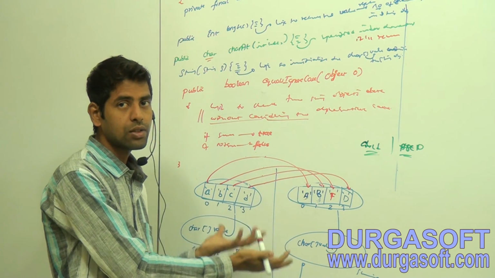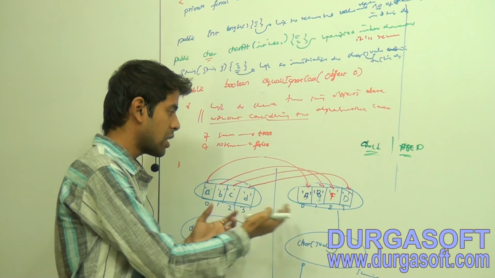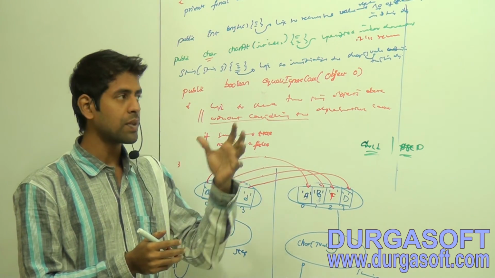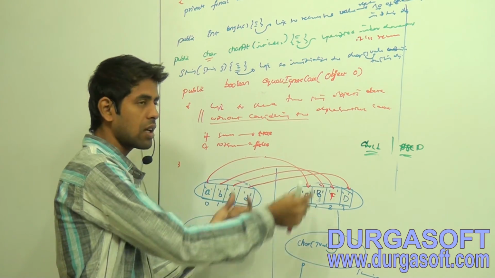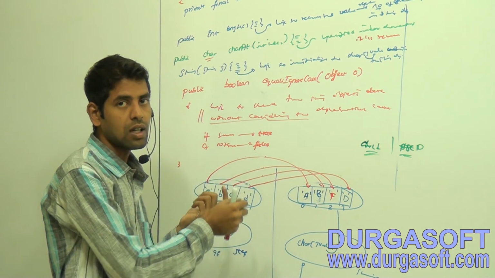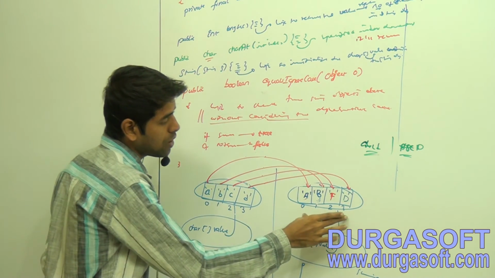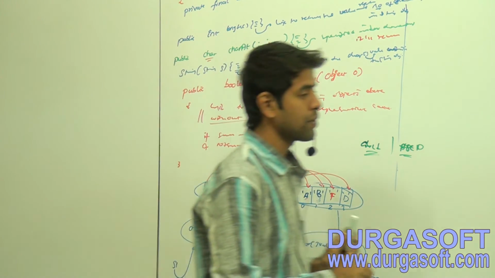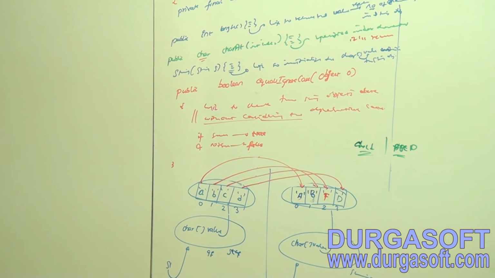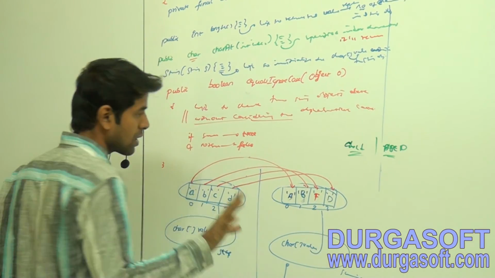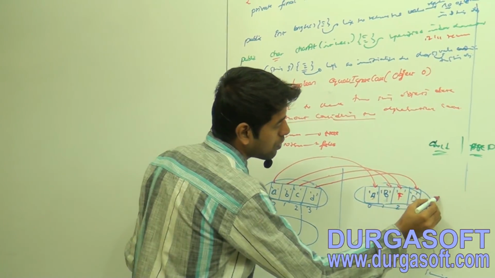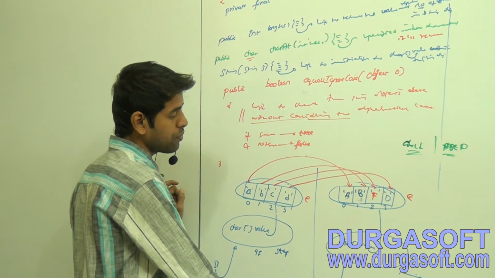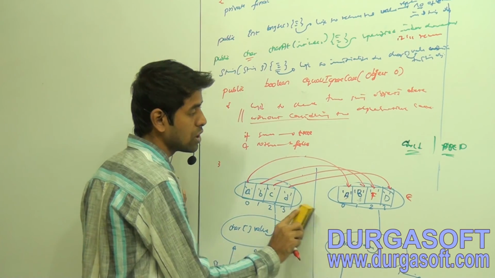If you are having 4 elements and you are having here 4 elements means 4 times checking. If you are having 4 elements in both the strings, 4 times checking. If I have 5 elements, 5 times checking. Getting? How to inform that information to JVM?